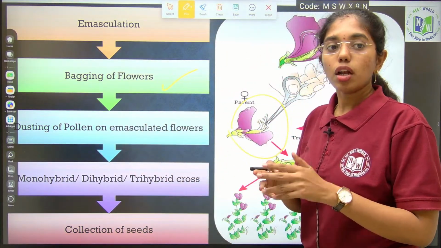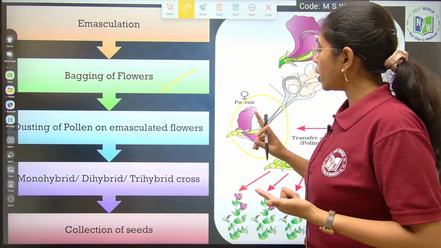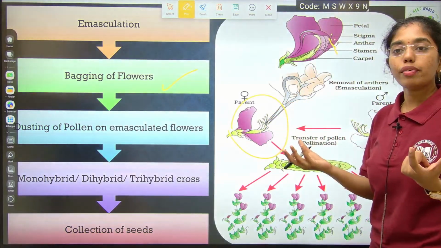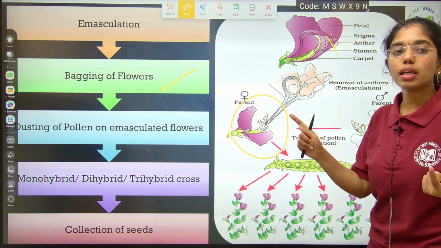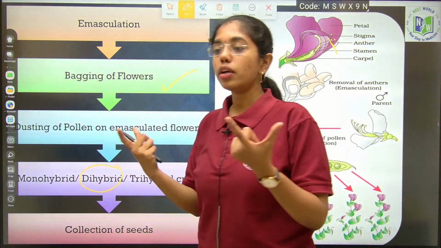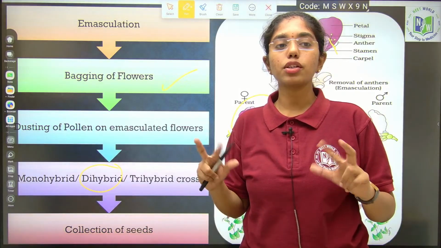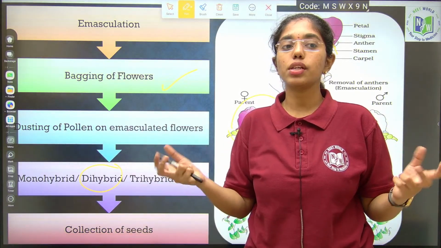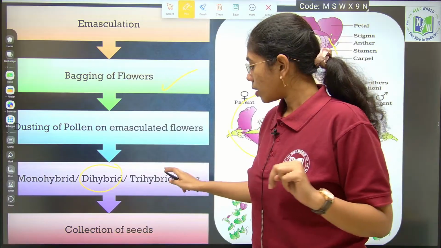If you want a monohybrid cross, then you have to choose 2 flowers which vary in a single trait. If you are going for a dihybrid cross, then the 2 plants have to show variation in 2 traits.